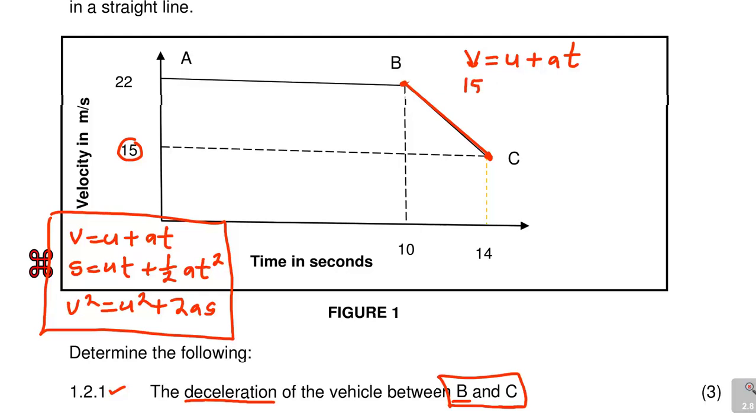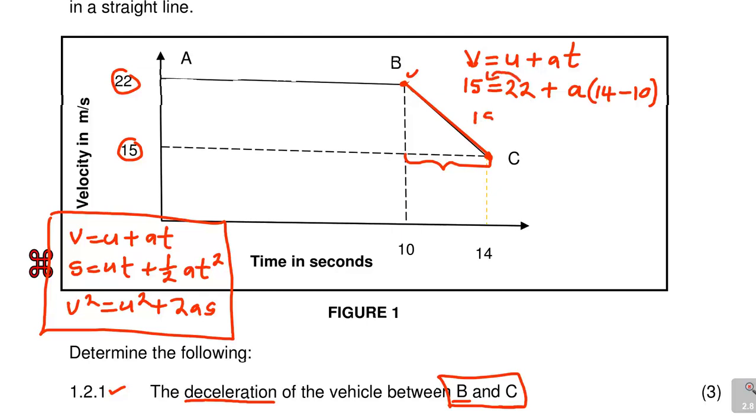So you've got 15 is equal to initial velocity U, which is 22, because that is where it was initially, plus A, and now the time taken between B and C. You can see that it moved from 10 seconds to 14 seconds, so in a way bracket 14 minus 10. So here, you can take 22 to the other side.